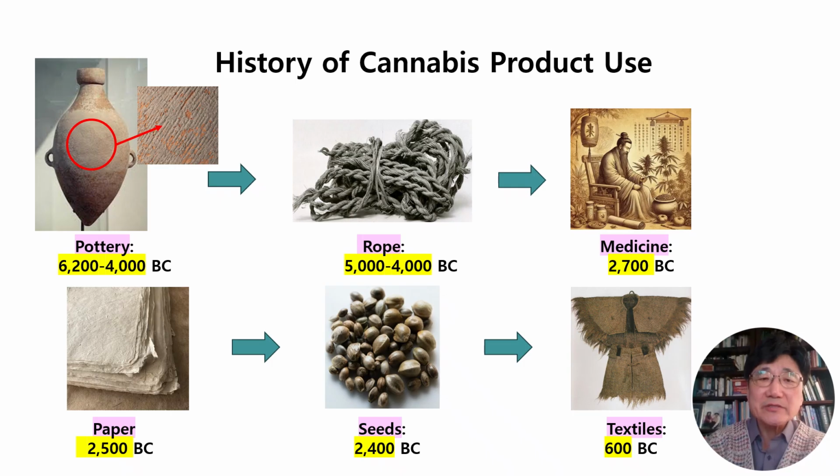Cannabis resin was used as a herbal remedy as early as 2700 BC in China. These were used as food in 2400 BC. Hemp clothing has been used around 600 BC.